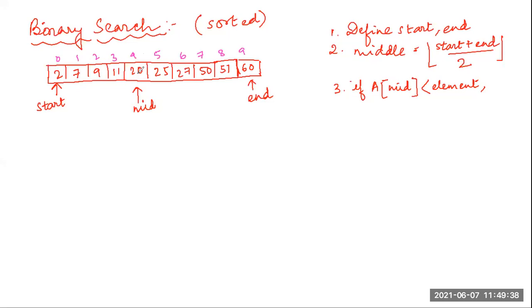If it is lesser than 20, I will be concentrated only on this part and not on this part. If it is greater than 20, then only I will be concentrated on this part and not on this part. So at every section, if you notice, I am eliminating the possibility of finding half of the elements.